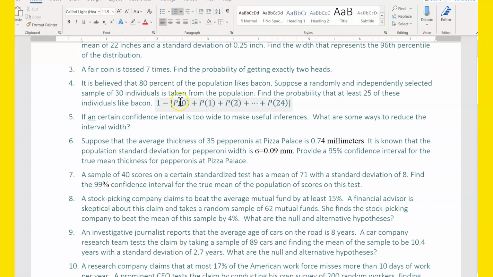If you knew these probabilities, you could add up all the probabilities for 0 through 24, and that would be the complement to at least 25. At least 25 means 25 or more: 25, 26, 27, all the way up to 30. So if you could find the probability of all the possibilities from 0 to 24, add those up and subtract from 1, that would give you that probability.